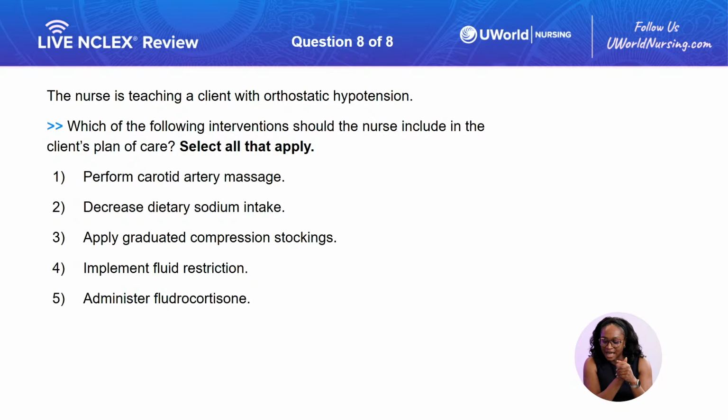Someone was asking about a half mark even when you get everything correct. With select all that apply and the new NGN type NCLEX, you get partial credit for certain questions. It's a plus and minus score with questions like these. You get points for the ones you get correct, and everything is graded based on this question's particular total score. So this question might be worth maybe 5 points.